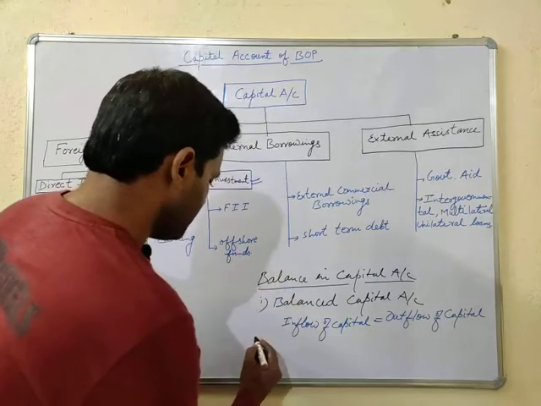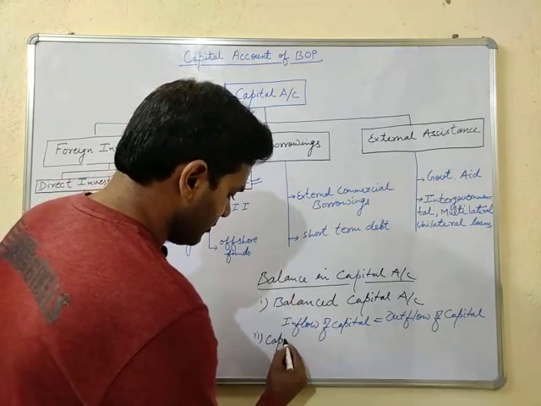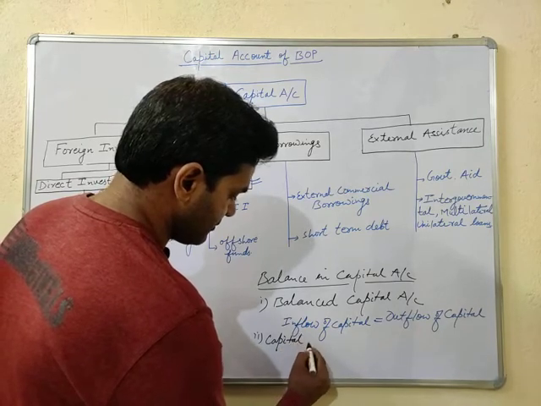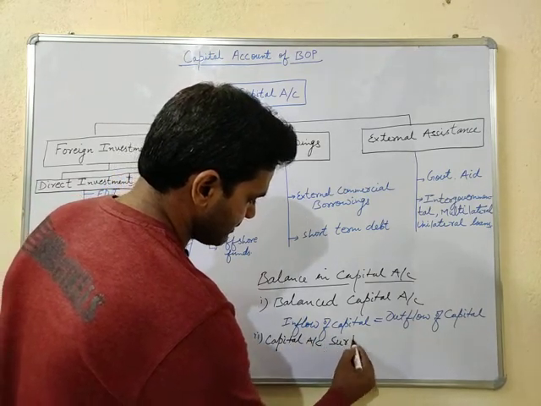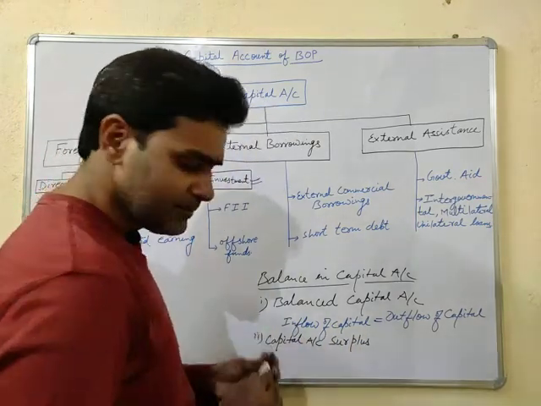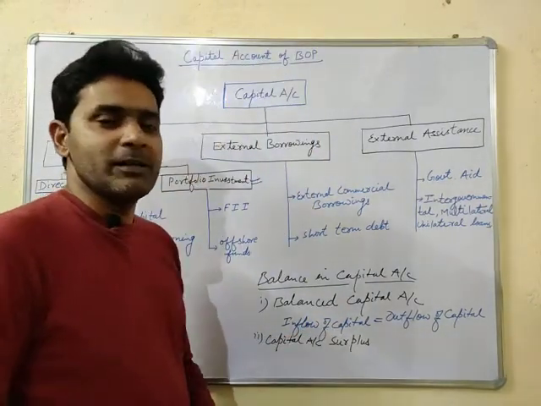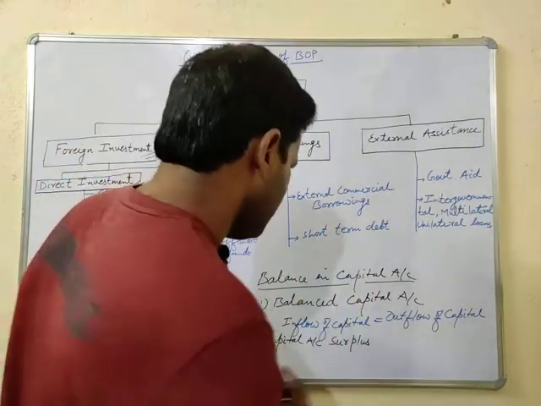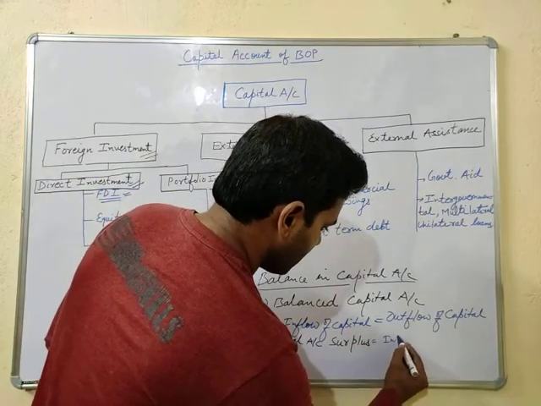Now, what will be the second condition of the capital account? The second condition may be capital account surplus, or surplus in the capital account. When will there be a surplus? When the inflow of capital is greater than the outflow of capital.